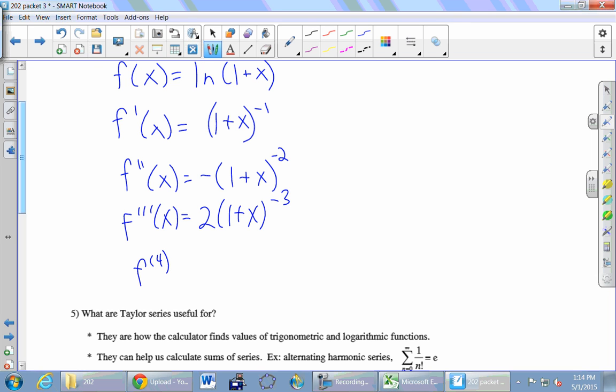How about we press our luck? One last one. It is -6. I'm not going to write -6. I'm just going to write -3 times 2. Because that's a factorial, yeah?